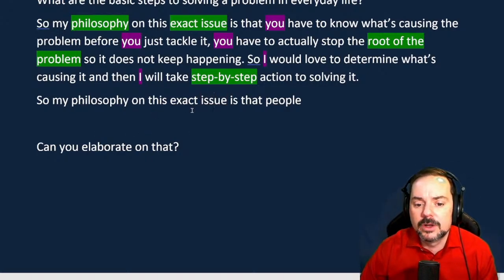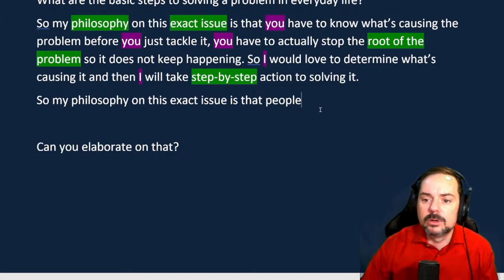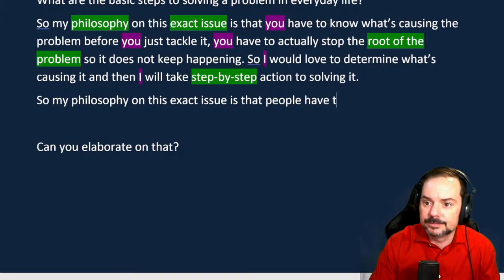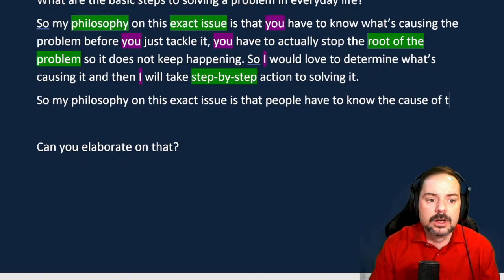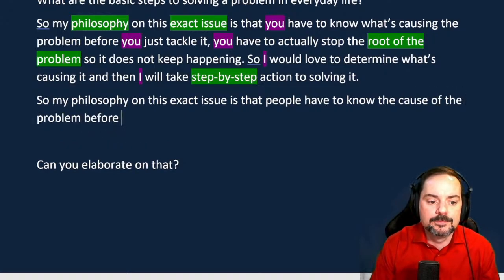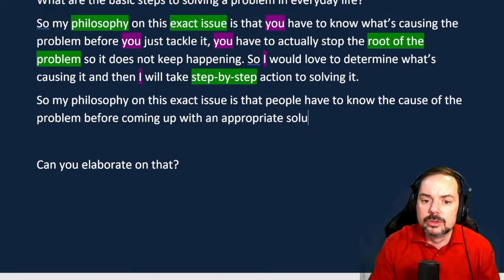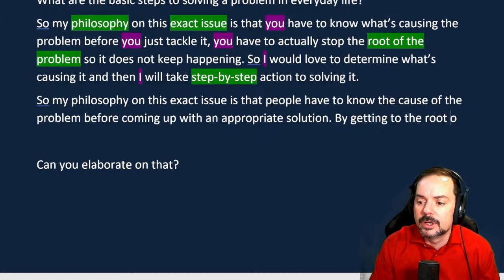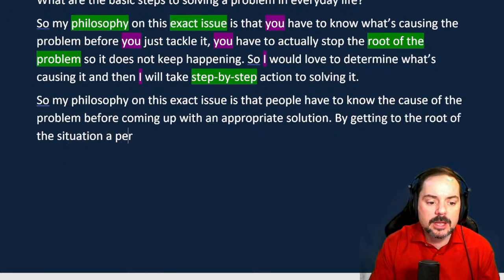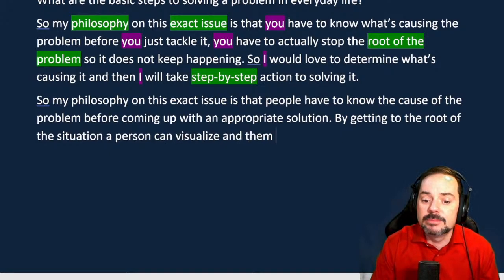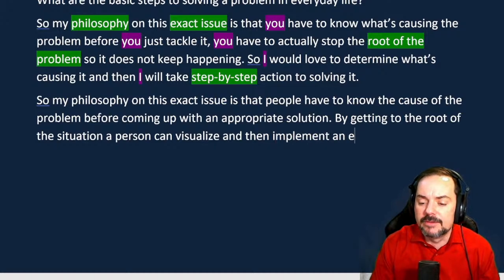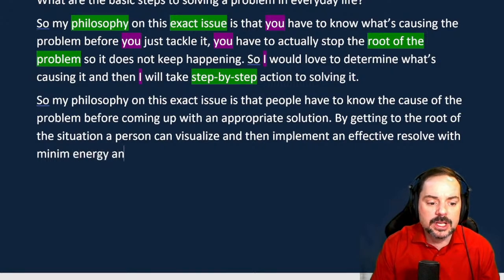So my philosophy on this exact issue is that people have to know the cause of the problem before coming up with an appropriate solution. By getting to the root of the situation, a person can visualize and then implement an effective resolve with minimum energy and time requirements.